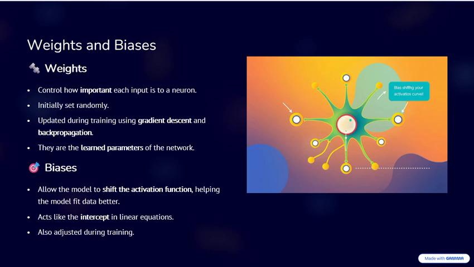It ensures that the neuron can activate, that is output a non-zero value, even when the weighted sum of inputs is zero. This improves the network's expressiveness and flexibility, enabling it to model more complex relationships.